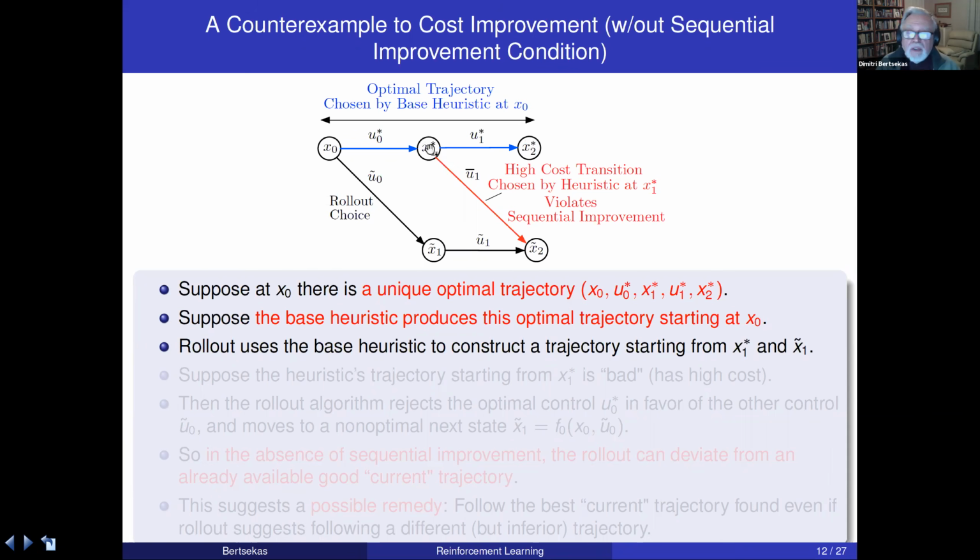Moreover, it's also not sequentially improving because it turns out, by accident again, that this transition here has very high cost. Now what's going to happen is that we had this cost for the heuristic at x0, and we have this Q factor, which is larger than this heuristic cost.